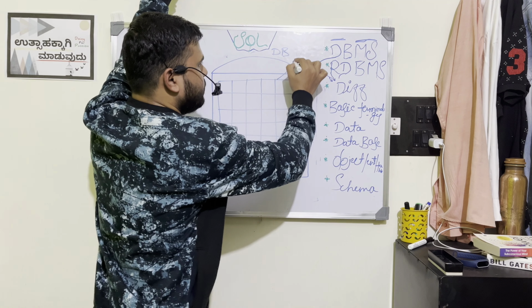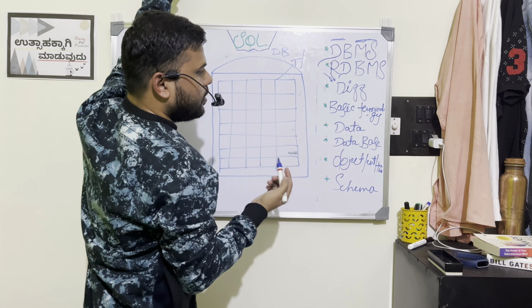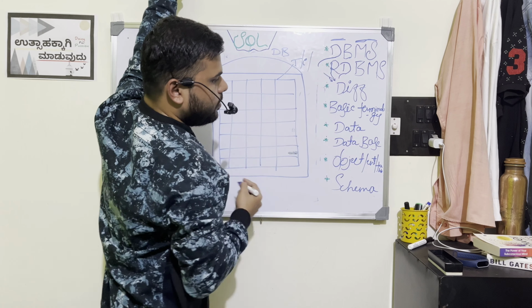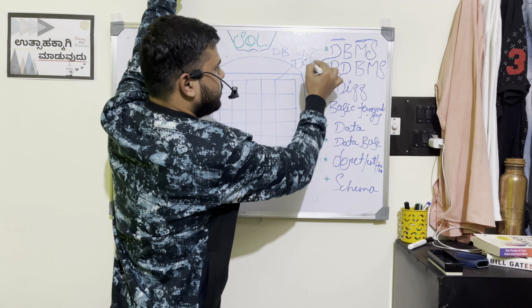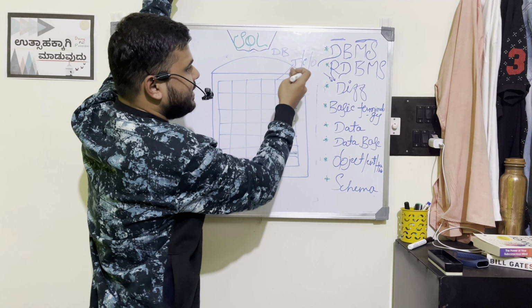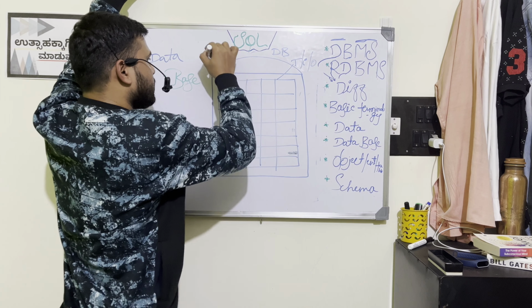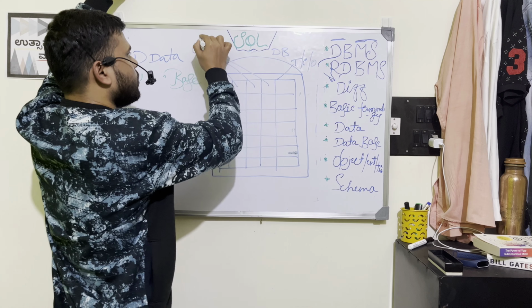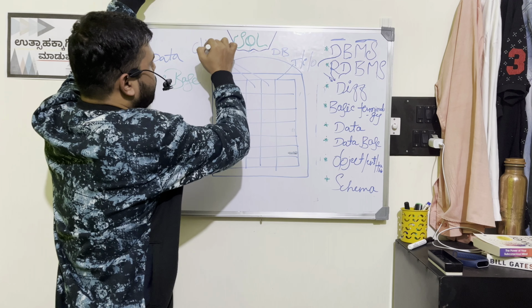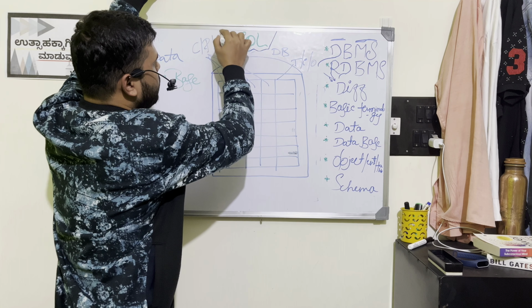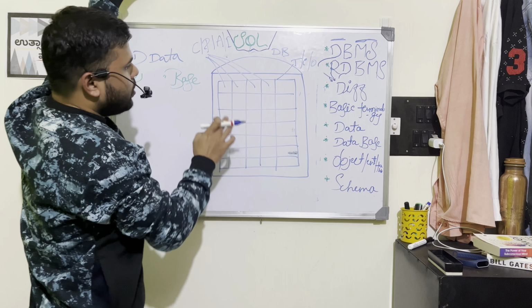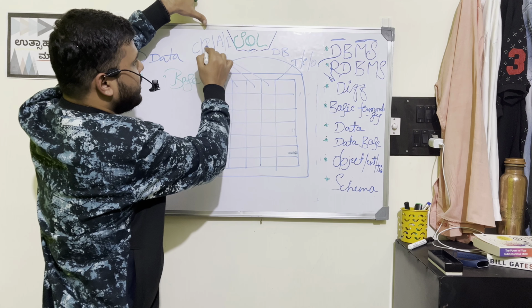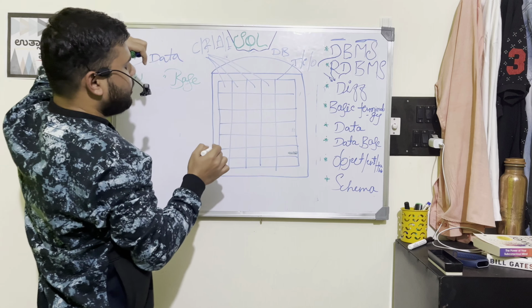This is a table, also known as an entity or object. These are the columns, also known as fields, attributes or identifiers.